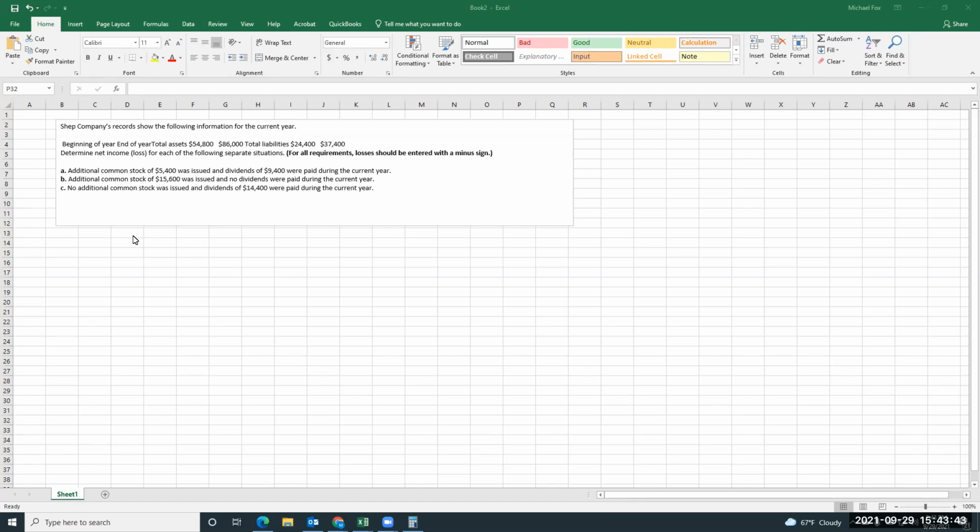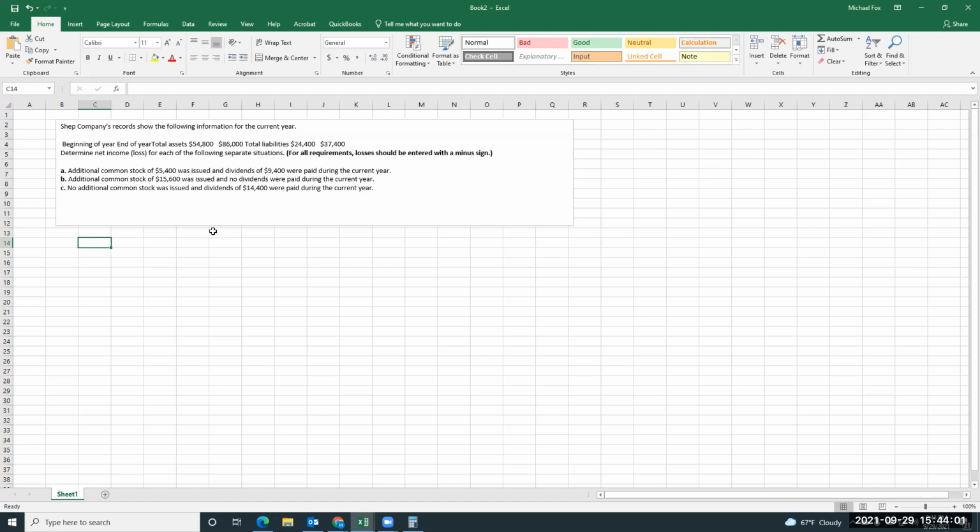Since we want to figure out the net income or net loss, we have to start by figuring out our stockholders' equity, or just our equity, because our net income is part of our equity.